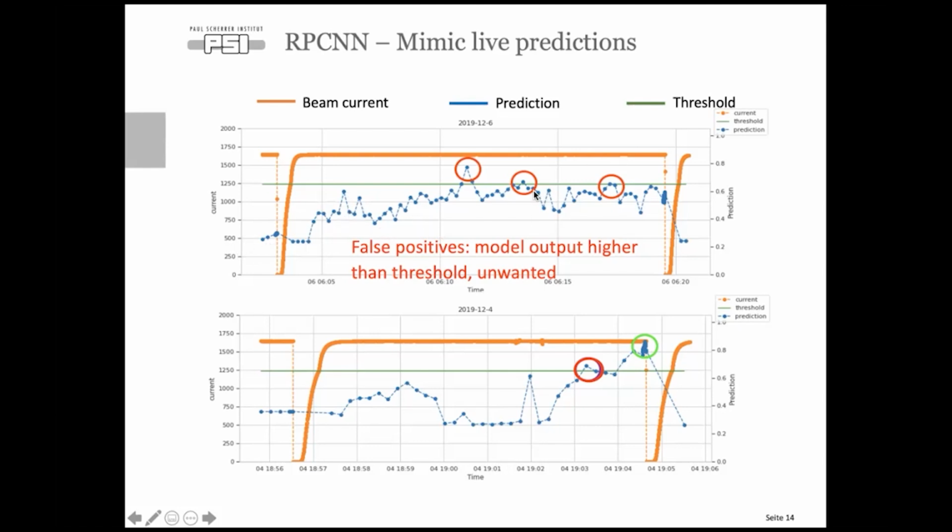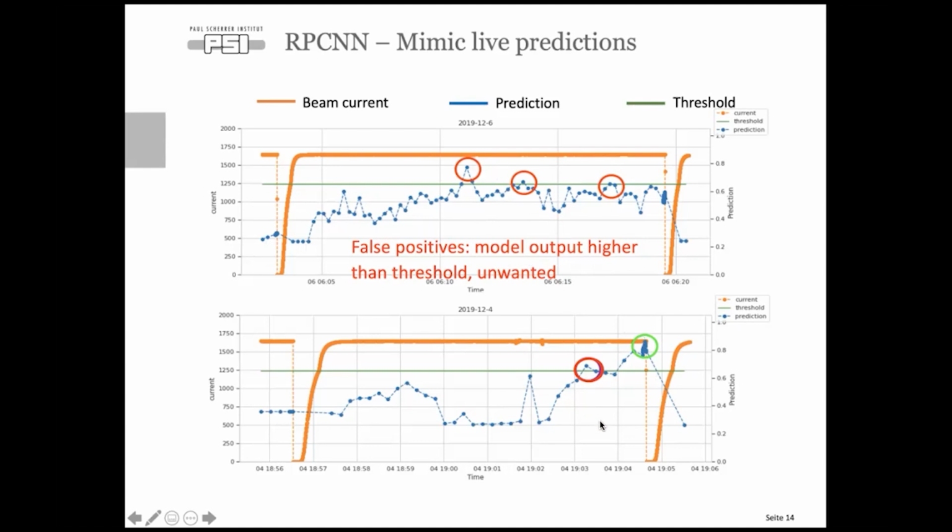As you can see, the red circles I marked are false positives, which means that the model output is higher than the threshold, and we don't want them because this would lead to a lot of unwanted beam time loss. In the second case, this is a true positive, so we successfully detect this interlock, but then here we still have a false positive.